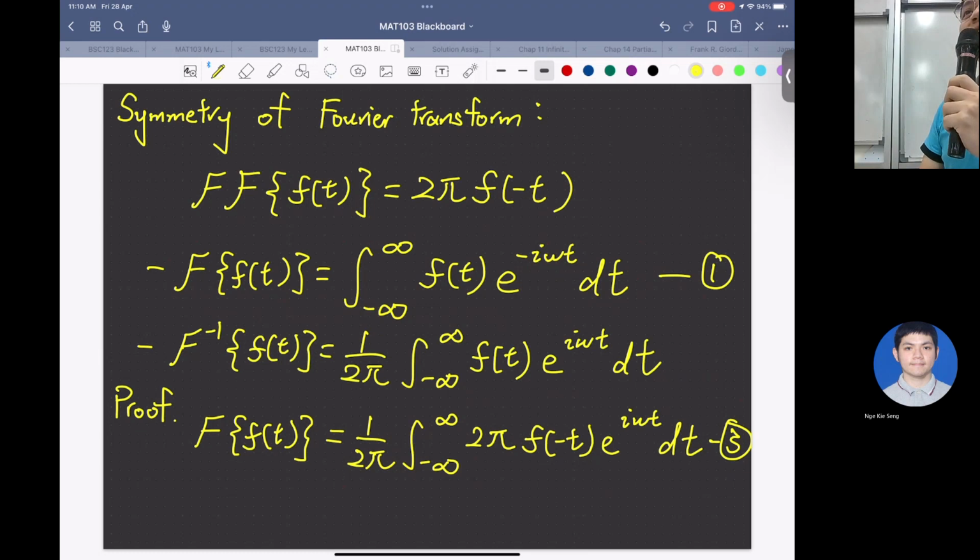Any idea? No? Okay, let's call another one. Why is the first line equal to the third line?